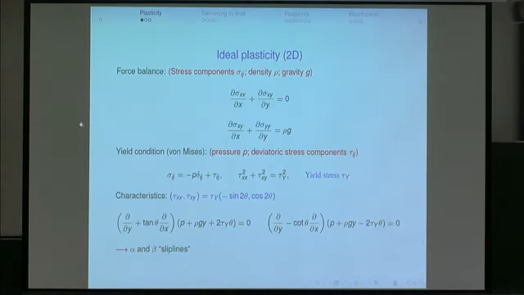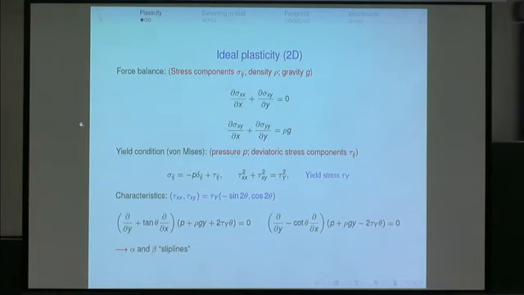So I'll just review a little bit about ideal plasticity. I'm thinking of a two-dimensional problem, and I'm going to throw away inertia. Gravity could be acting, and I'm thinking about a perfect plastic material. Okay, so I've got force balance, which tells me something about the stresses.